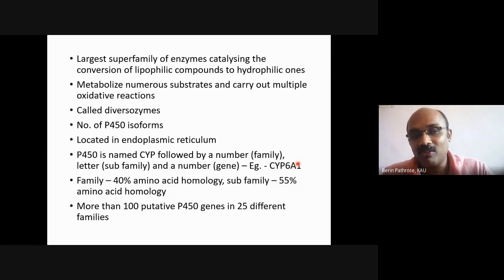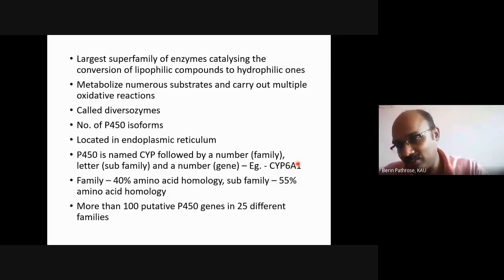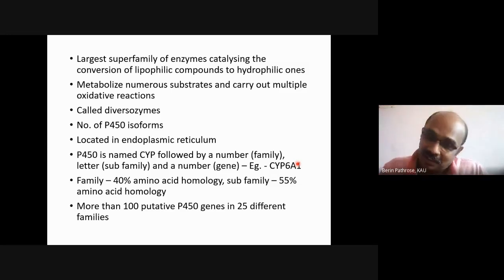I randomly chose CYP6A1 only because this is one of the largest groups of cytochrome P450 genes which contribute to insecticide resistance. We can have CYP1, CYP2, CYP3, CYP4, CYP5 up to 25. And in CYP1 itself, we can have CYP1A, CYP1B, CYP1C, D, E, etc. Understood? Okay, sir.